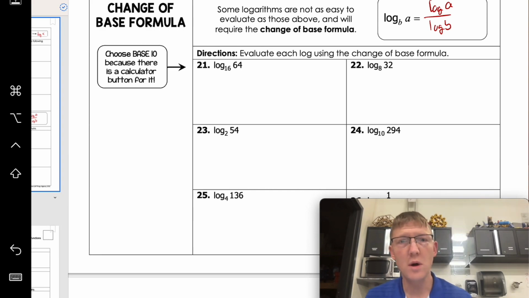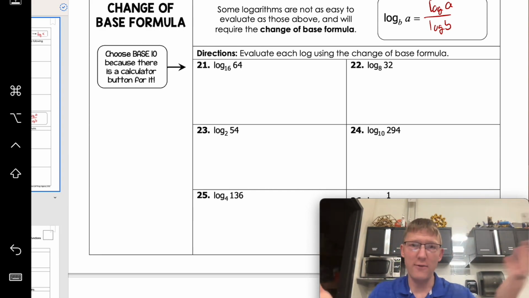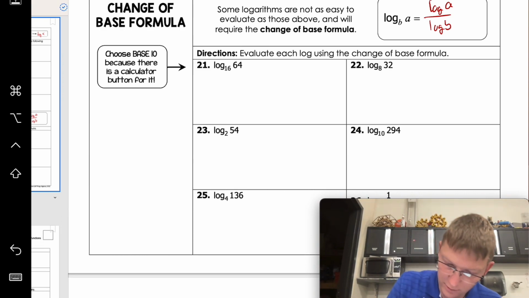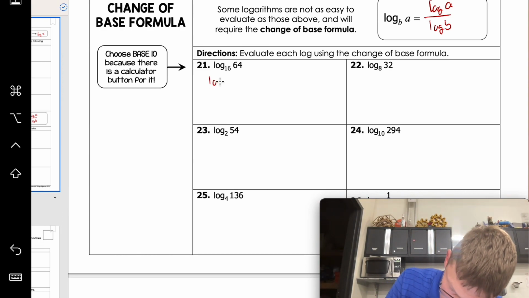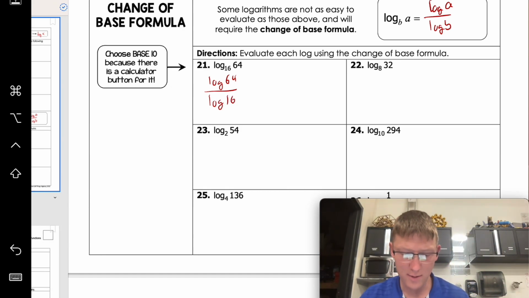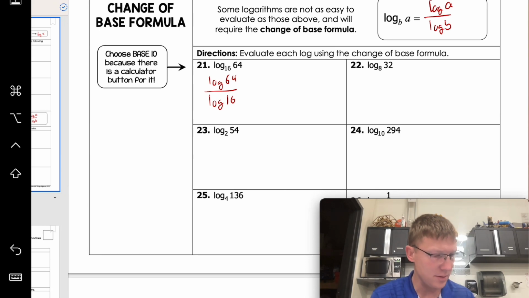Looking at 21, we've got log base 16 of 64. I can't figure that out off the top of my head, so I'm going to use that formula: log base 10 of 64 over log of 16. From there, you can probably put it into exponential form and figure something out, but I'm just going to plug it in my calculator.